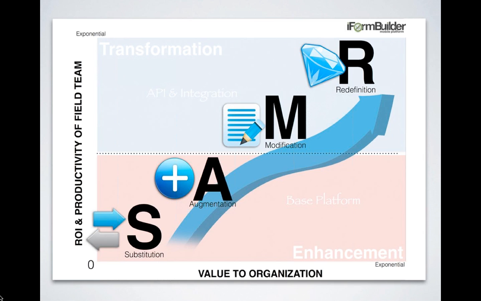Now, when you find the diamond in the rough, and you're able to do a deep integration where there's bidirectional data going in and out of iForm Builder, we have customers that are submitting millions and millions of transactions a month through the iForm Builder system. It's a matter of them being able to query existing backend systems, populate iForm Builder, and dynamically assign those records out to the field based on certain criteria.